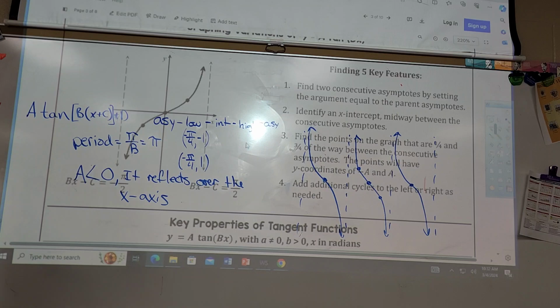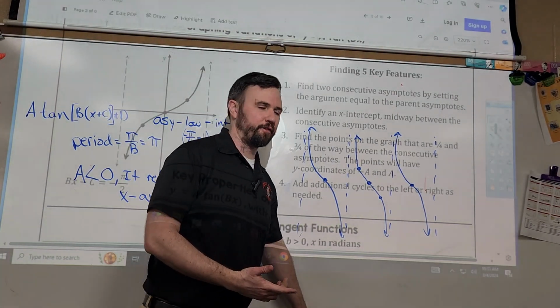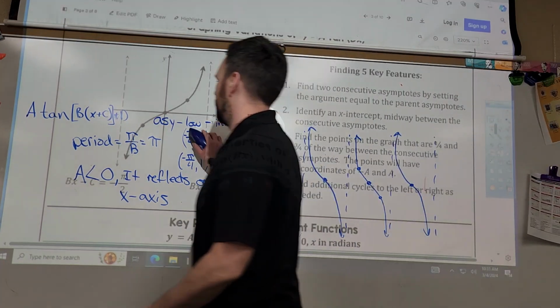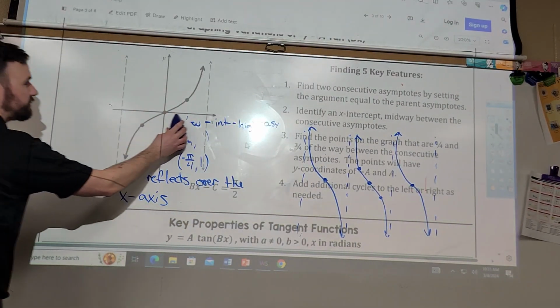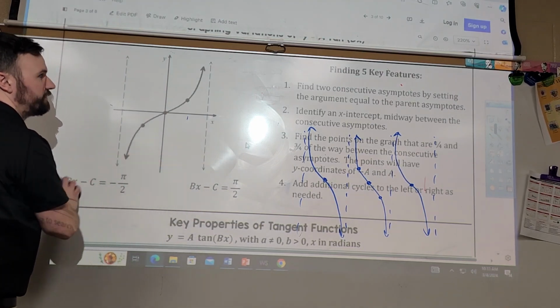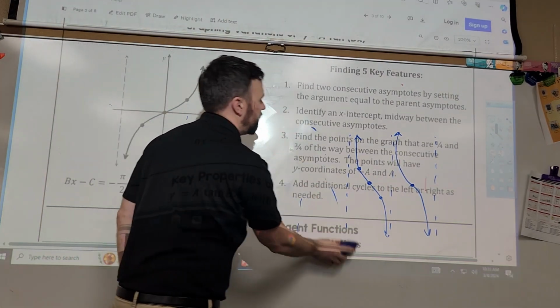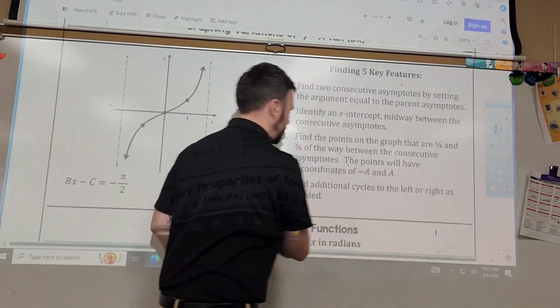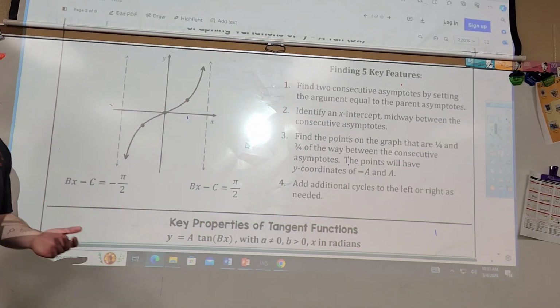All right. So again, it's kind of a review of what we just did. There's 5 key structures. We find our 2 consecutive asymptotes, find the x-intercept. This is how we come up with the equation for the graph.